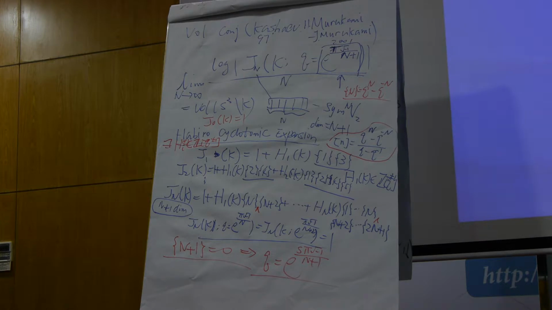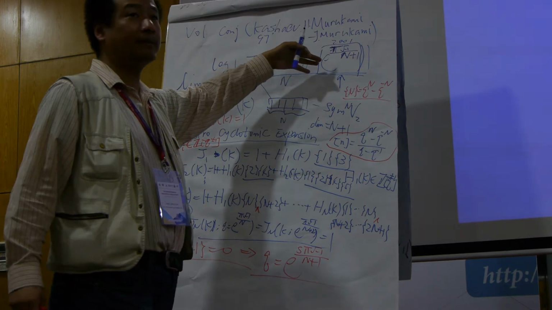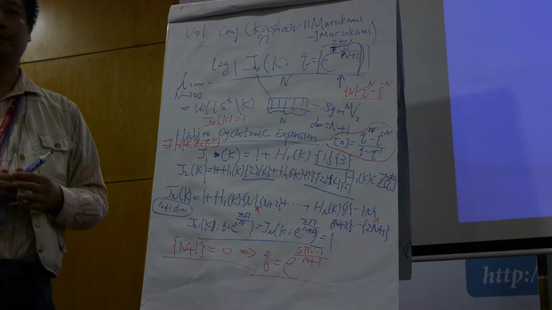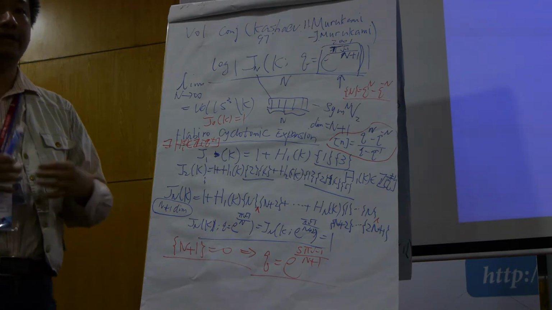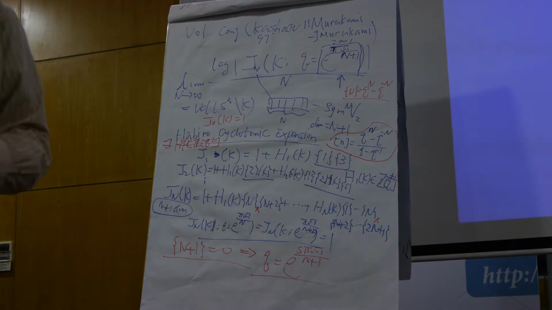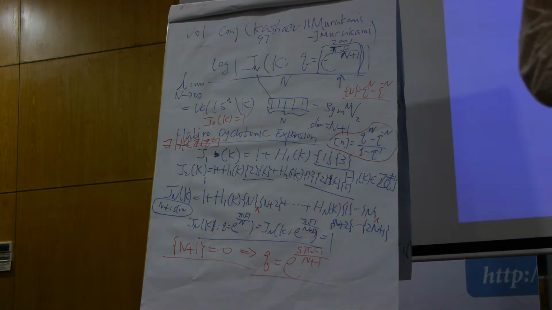But actually, the volume conjecture was discovered by Kashaev much earlier than the hyperbolic cyclotomic expansion. But actually, they have a very tight connection. So that means each time, if we can find the cyclotomic expansion structure for any quantum invariants, then we can find the volume conjectures.